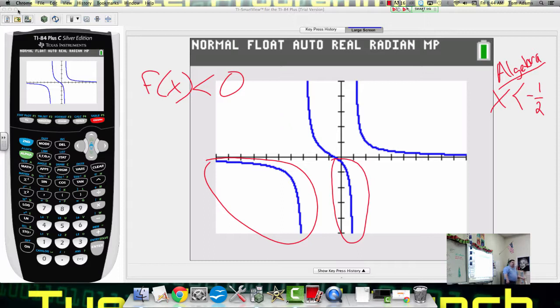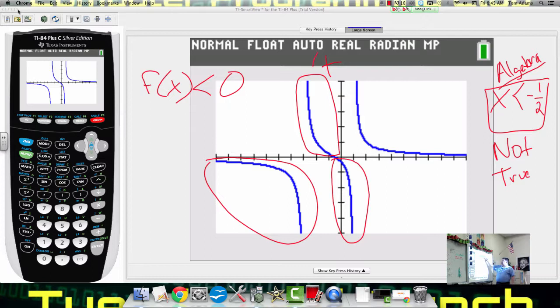When x equals -3 and when x equals -1/2. But my algebraic solving, my algebraic manipulation said that x was less than 1/2. This is not true. So when it's less than 1/2, this little section here is positive. Right? It's not until I get to this vertical asymptote.